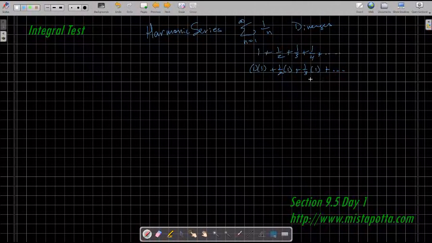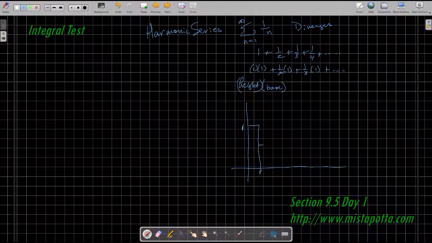And I could think of these as areas where I'm dealing with the height times the base. So if I wanted to get a picture of what this looked like, I could draw a height of 1 with a base of 1. Obviously, I'm not drawing my graph to scale.